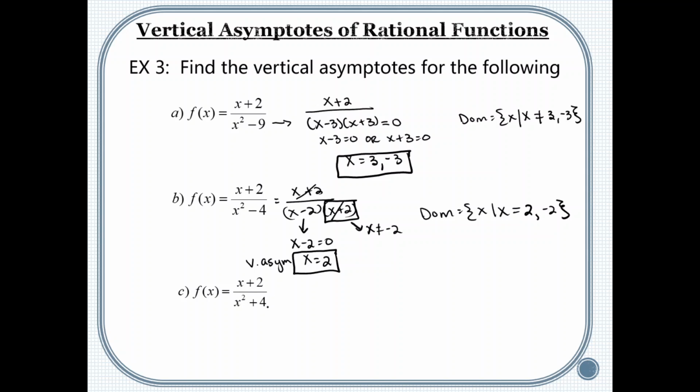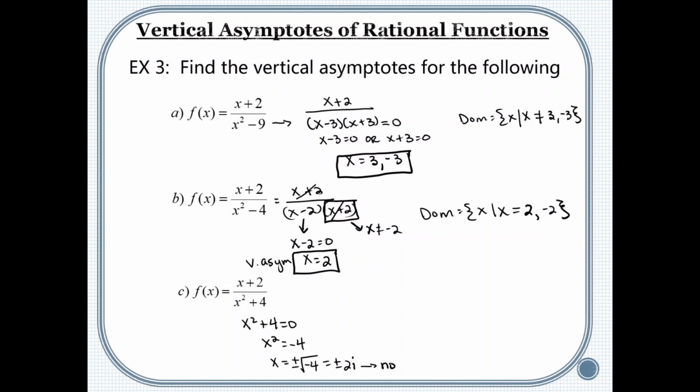Okay, in this bottom function, x squared plus 4 doesn't factor, so this is not going to reduce. But if I set x squared plus 4 equal to 0, I'm going to get x squared equals negative 4. So x is going to be plus or minus the square root of negative 4, which is 2i.